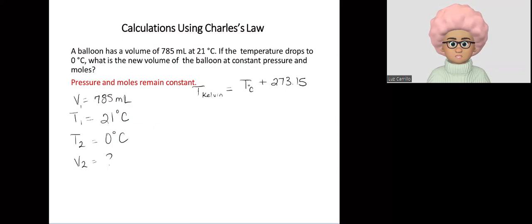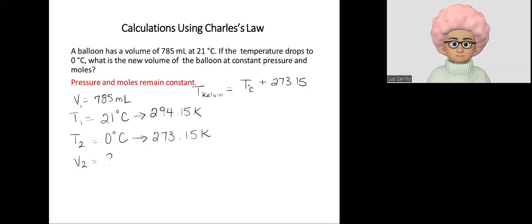So what that means is that if we look at T1, if we do 21 plus 273.15, that means that this temperature in Kelvin is going to be 294.15 Kelvin. And when it comes to T2, this is going to be 273.15 Kelvin.